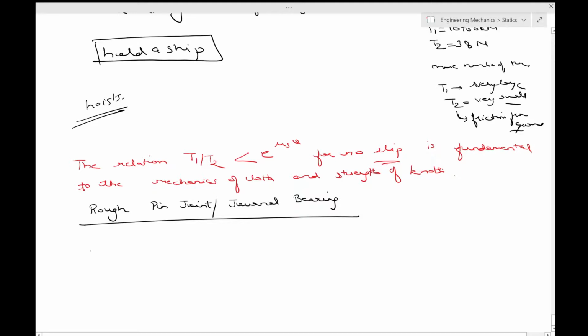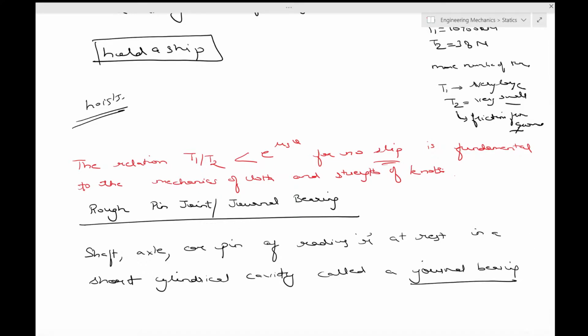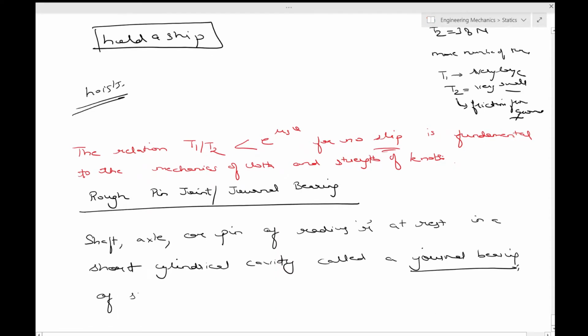If you take a shaft or axle, you should by this stage know the application of each one of them, or pin of radius r at rest in a short cylindrical cavity called a journal bearing. And this has the same radius as well.